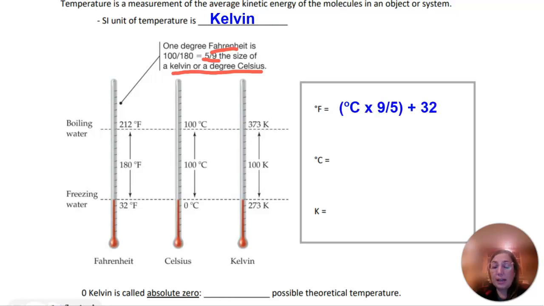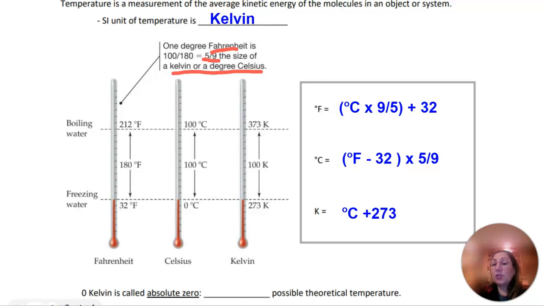So Fahrenheit is Celsius temperature times the fraction 9/5, and then once you've done that calculation, add 32 degrees. Celsius, you just have to do in reverse: it's Fahrenheit minus 32, in parentheses, and then you multiply times 5/9. You've just got to do this whole process in reverse.